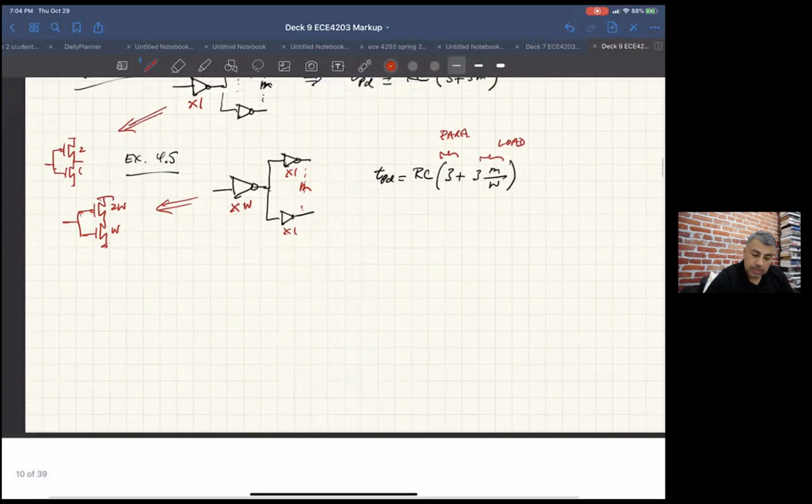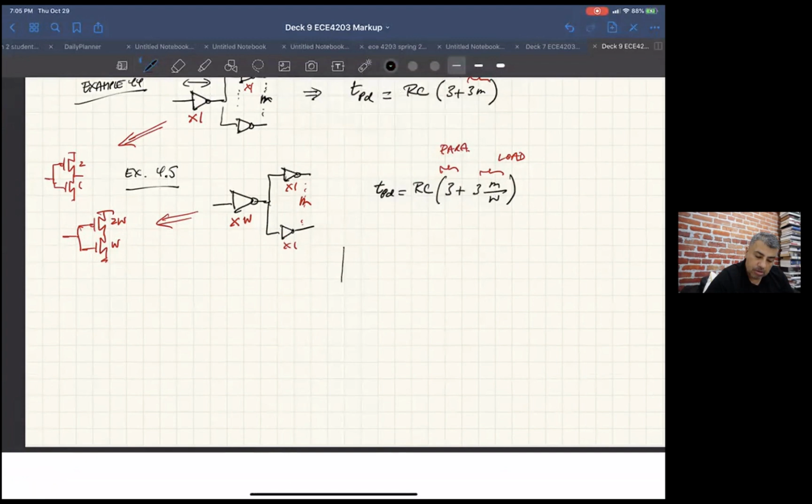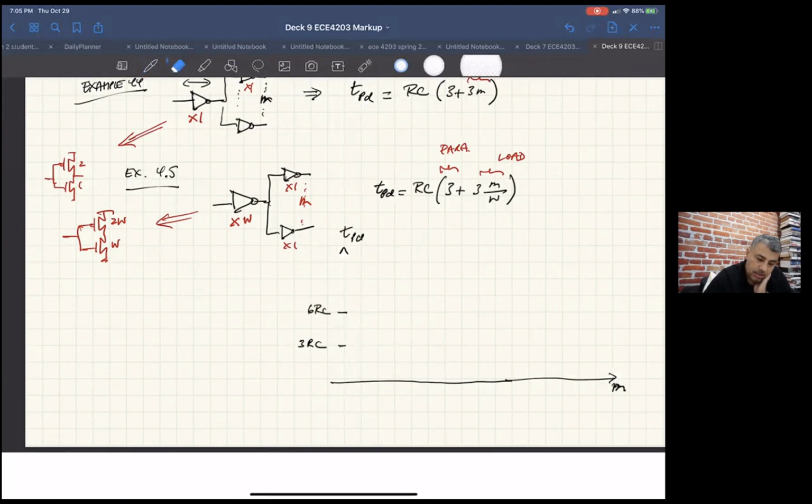Let's see, I'll draw this as a function of M, and let's call this delay, or TPD, propagation delay. Let's say this is 3RC, this is 6RC, and this is 9RC.